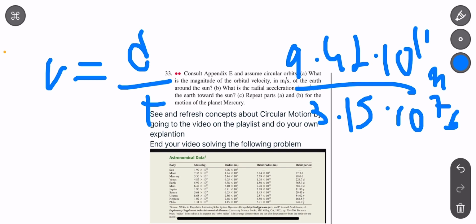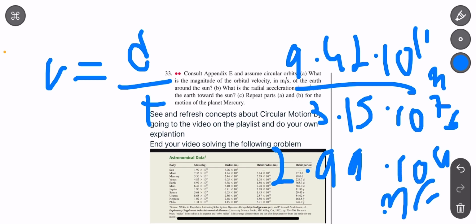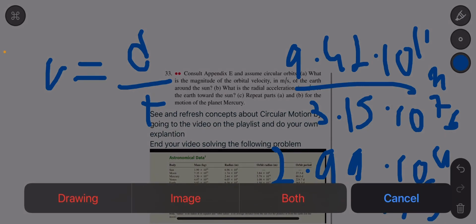After we're left with that, the final number is 2.99 times 10 to the 4th meters per second.